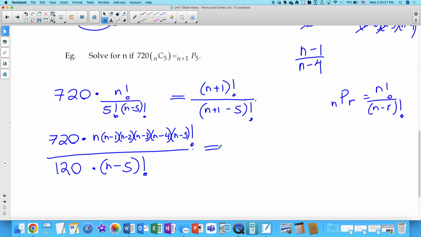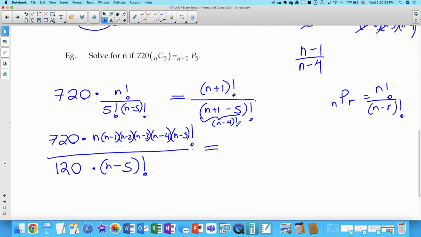On this side, this is actually n minus 4 factorial, right? Because n plus 1 minus 5. I'll just do that so that I remember. And I'm going to do the same thing on this one. I'm going to start decreasing by 1 each time, the factors in the product, until I get down to an n minus 4 factorial, because then I can cancel it with the denominator.